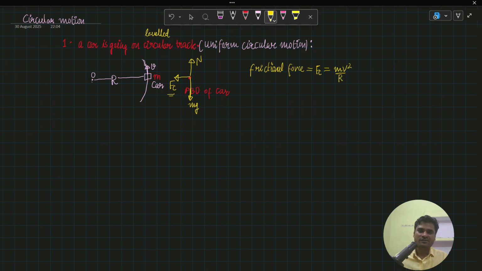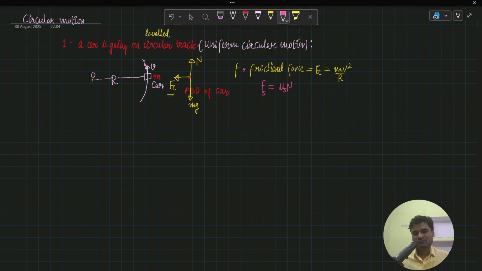And we know that this friction force F should be mu times N. And since this car is not skidding on the road, this car relative to the road is not slipping in the direction of friction, that's why this friction is static friction.